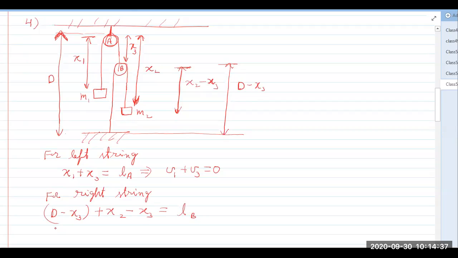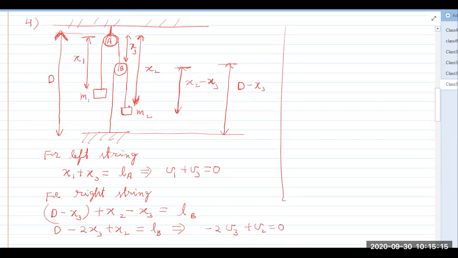Now if we solve it, it will be D minus 2x3 plus x2 equal to LB. After differentiation, you are going to get minus 2 V3 plus V2 equal to 0. Since we are interested in finding the accelerations or velocities of these two objects, x3 we are not required to solve, because x3 is going to give the velocity of pulley B. But we are writing the velocity of these masses.